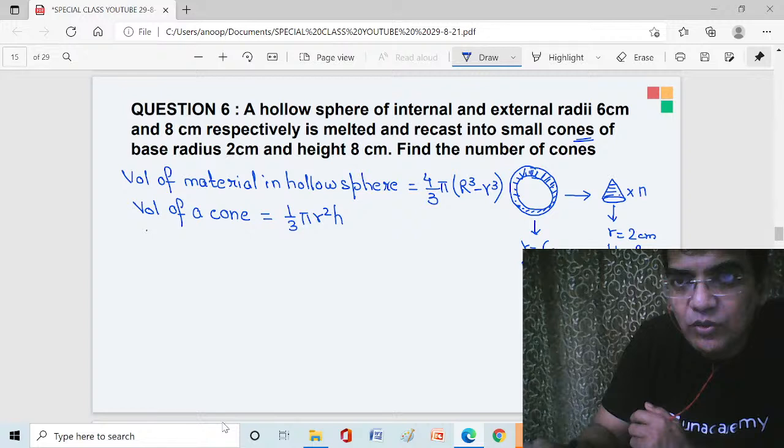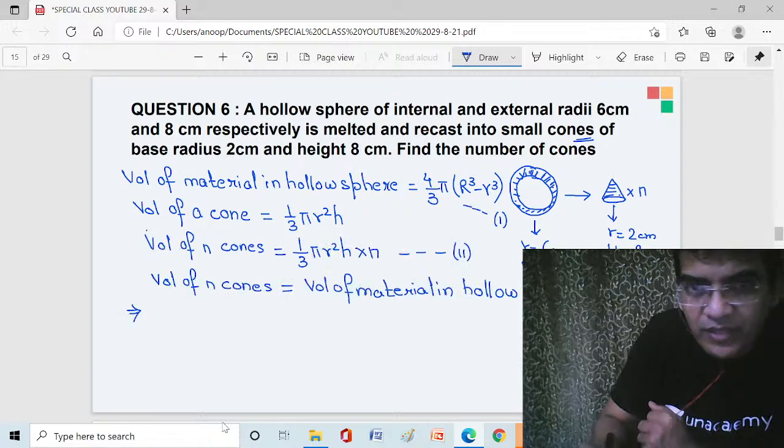So we are going to equate the volume of n cones with the volume of material in the hollow sphere. We will be equating these two. So let's equate them.